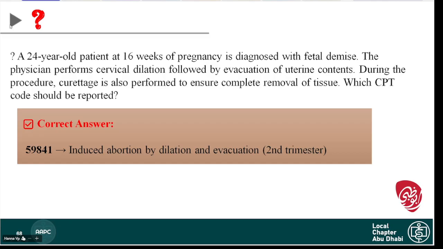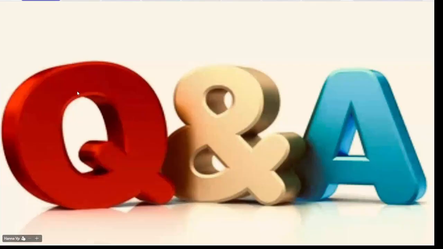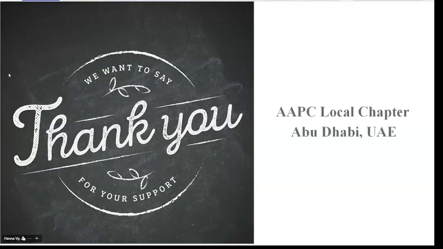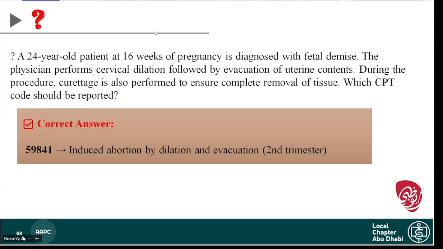Guys, do you notice that they mentioned dilation and evacuation plus dilation and curettage? So I already told you, if evacuation and curettage come together, what we need to code? We should code only dilation and evacuation. See the code given here, 59841, induced abortion by dilation and evacuation, second trimester. 16 weeks is the second trimester. So this is the correct CPT code. Here, curettage we are not coding, only dilation and evacuation.